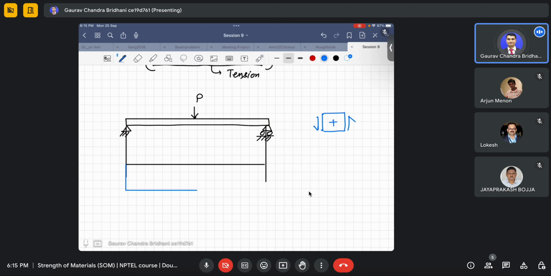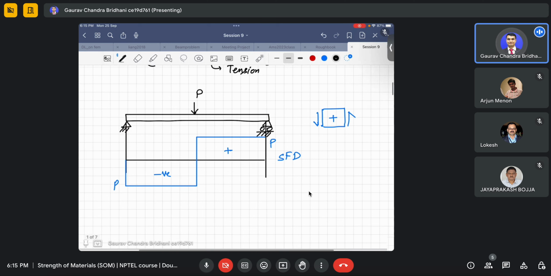Then we have a change here, this is negative, this is positive, and here the value is P, here the value is P. So this is our shear force diagram.